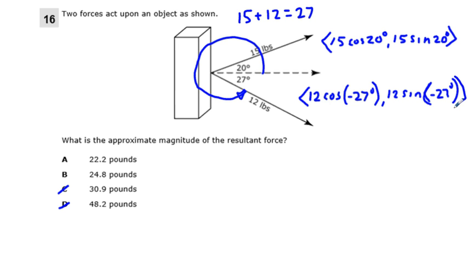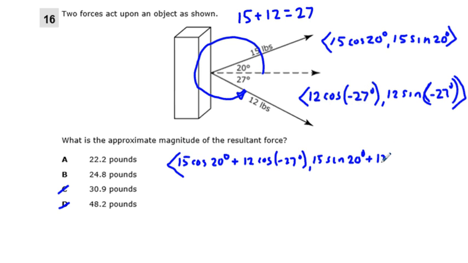And so what that does is that leaves us a big component vector form here of 15 cosine 20 degrees plus 12 cosine -27 degrees, comma, 15 sine 20 degrees plus 12 sine -27 degrees.